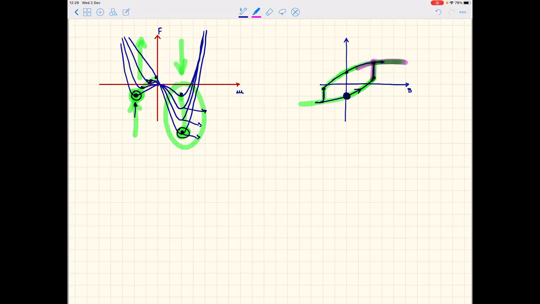Then I change the direction of change of the magnetic field. In that case, this starts going up and this starts going down, so I move in this direction. At some point, this will become unstable, I jump down and I move here. You see? That's how it works. This is hysteresis.